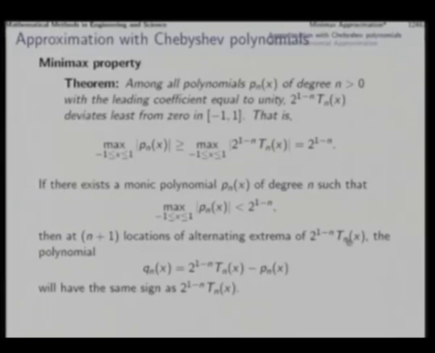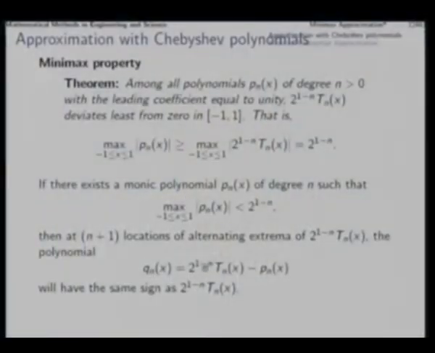Now, these points are giving us the maximum deviation of this, which is 2 to the power 1 minus n, and we have assumed that this candidate function deviates less. So, if it deviates less, then it will never be able to cross the extremum value of this. That means that if we consider this difference, then this part in the difference will always dictate the sign of the difference polynomial q n x.